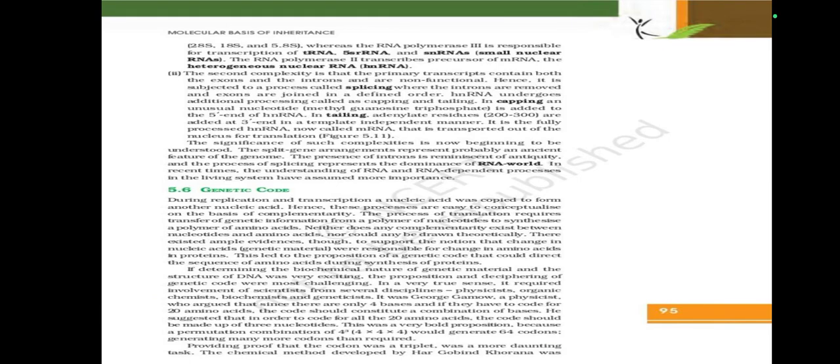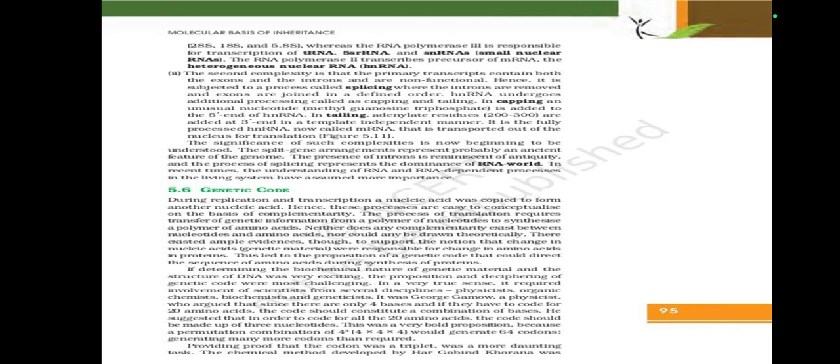RNA polymerase I transcribes rRNAs (28S, 18S, and 5.8S), whereas RNA polymerase III is responsible for transcription of tRNA, 5S rRNA, and snRNAs, small nuclear RNAs. RNA polymerase II transcribes the precursor of mRNA, the heterogeneous nuclear RNA, hnRNA.